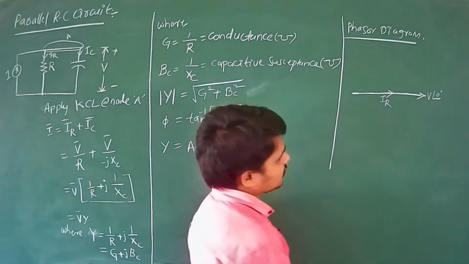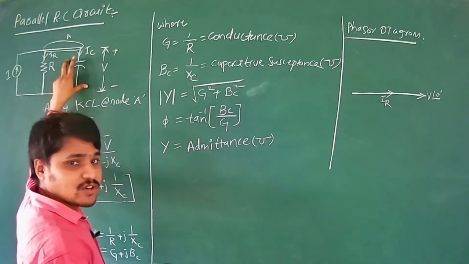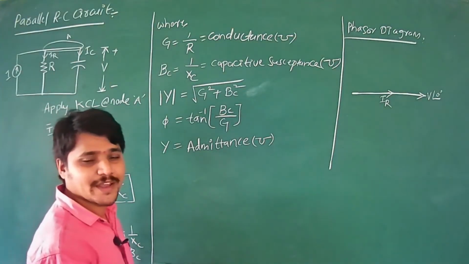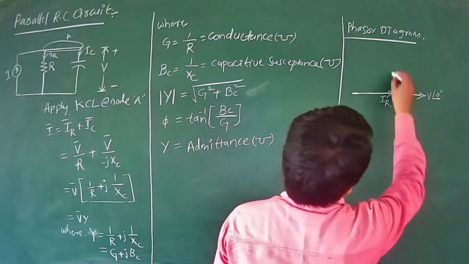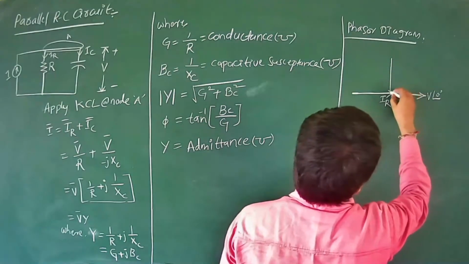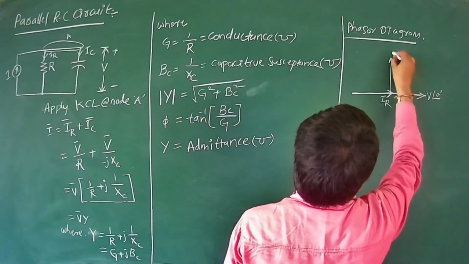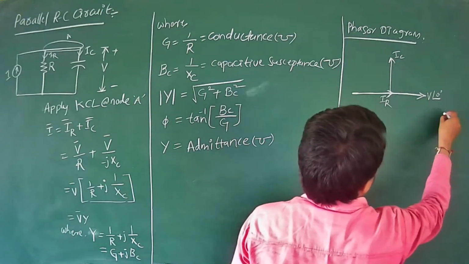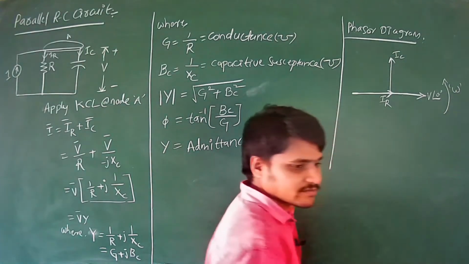Now, for the capacitor, the current leads the voltage by exactly 90 degrees. Current leading means it should be in the first quadrant. So this is our current IC. Of course, this is rotating in the anti-clockwise direction with omega radians per second.